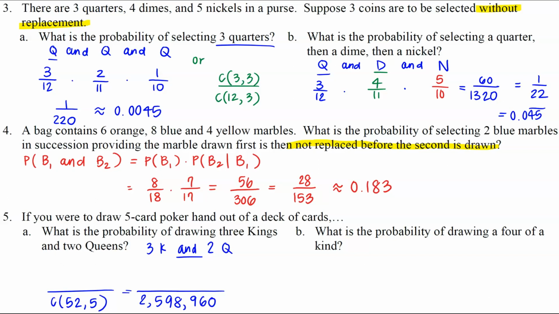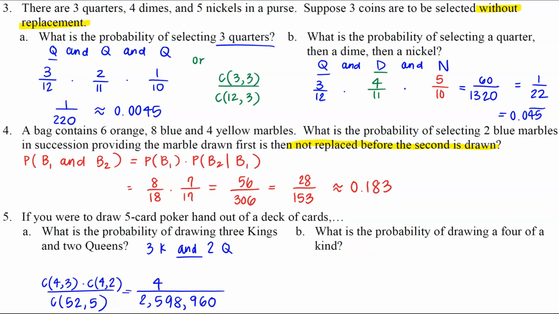Now, what is the probability of drawing 3 kings and 2 queens? I'm going to do each of these individually. These 2 are independent of one another because I have 3 kings and I have 2 queens. The 3 kings would be the combination of the 4 kings that I have, how many different ways can I select 3 of them, times the 2 queens. Of the 4 queens in my deck, how many ways can I select 2 of them?